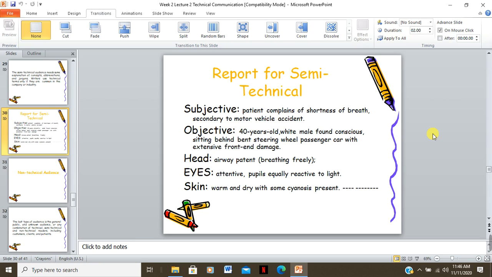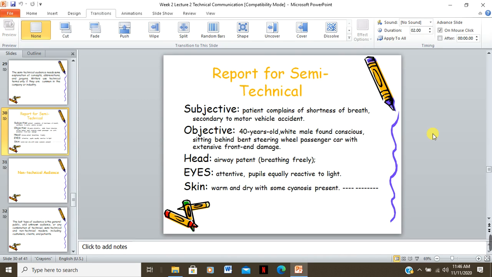That same report for semi-technical people might be written in this manner: Subjective, that is regarding the subject, the patient. Patient complains of shortness of breath secondary to motor vehicle accident. A semi-technical person will understand that it is about a patient who has shortness of breath because he had a motor vehicle accident.